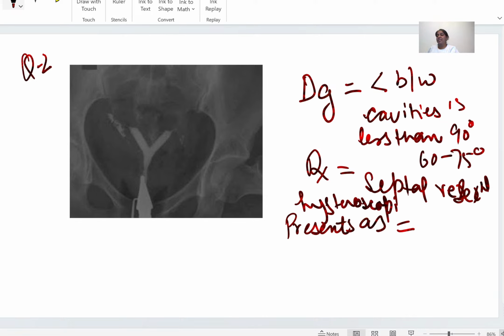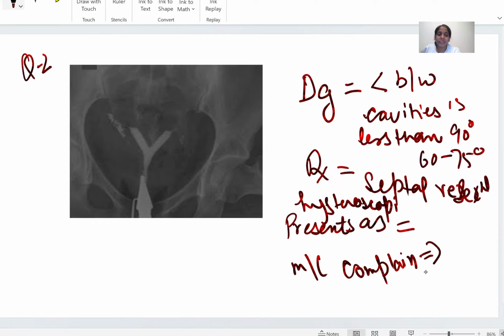How does this patient present? What is the most common complaint? No, here you are wrong.